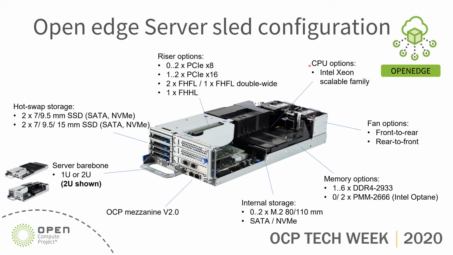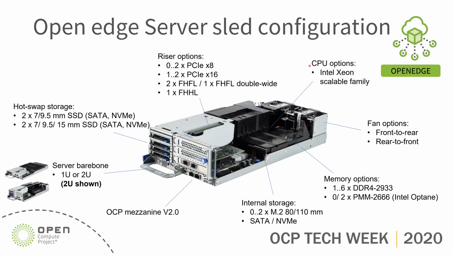So for the memory options, we have up to 6 DDR4 DIMMs, and if needed, we can also use Intel Optane persistent memory modules. We have internal storage on the motherboard that supporting up to 2 M.2s.